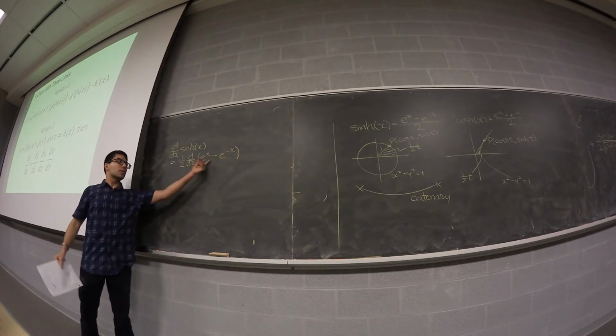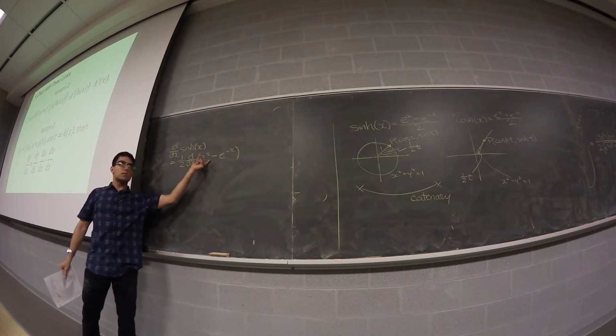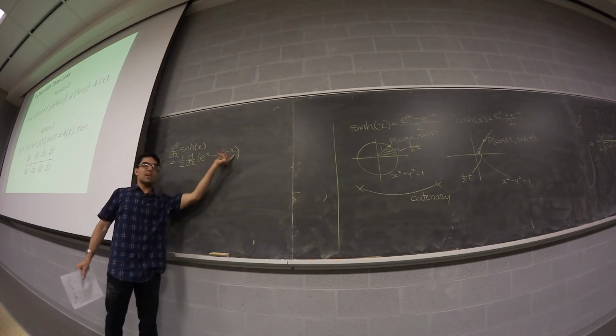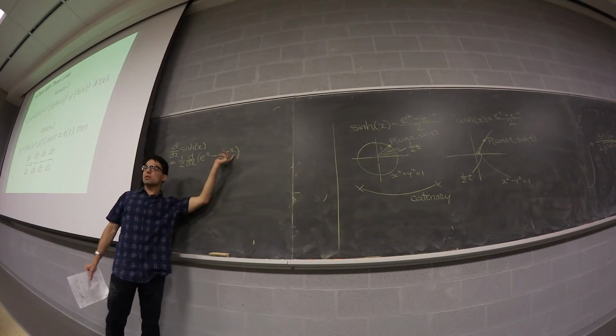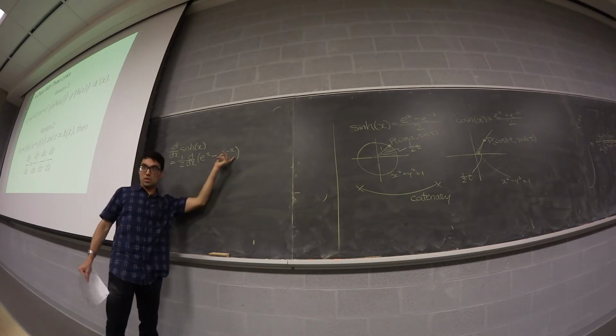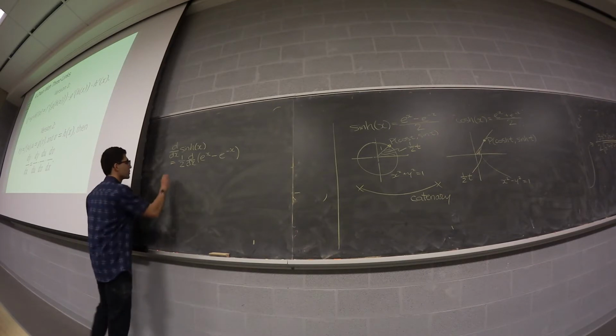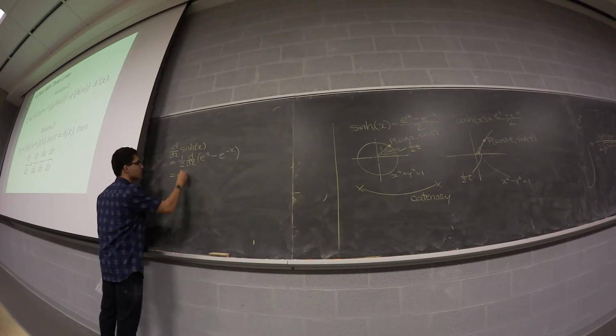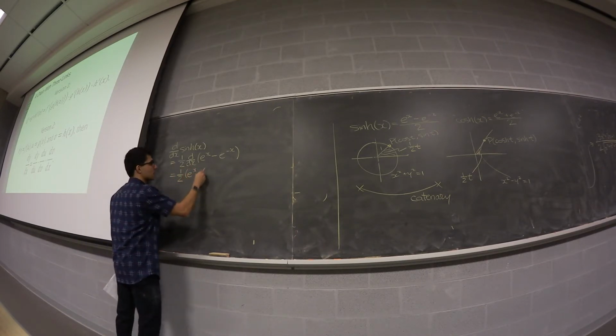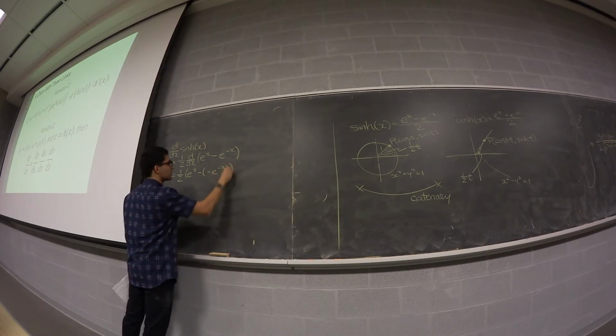Derivative of that is e to the x. What's the derivative of this guy? What's e to the minus x's derivative? Good, excellent. Okay, so use chain rule. Minus e to the minus x. So you get e to the x minus e to the minus x.